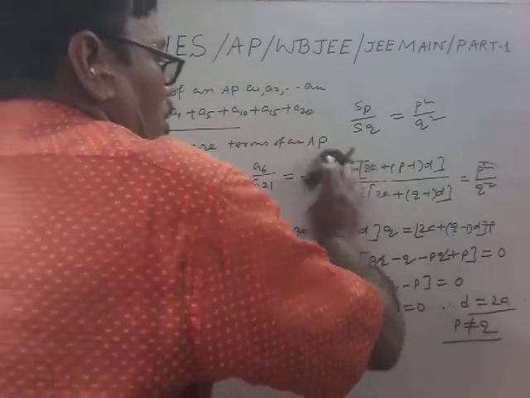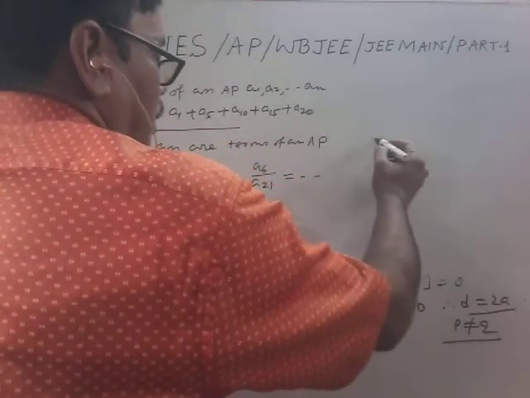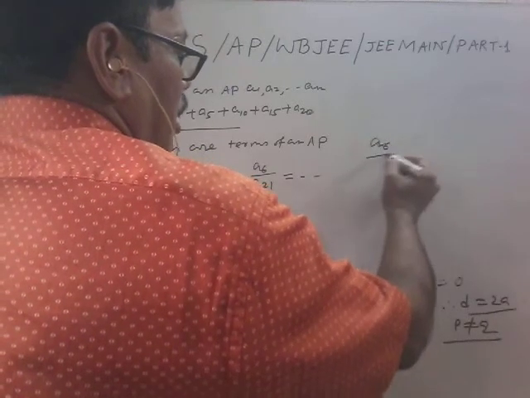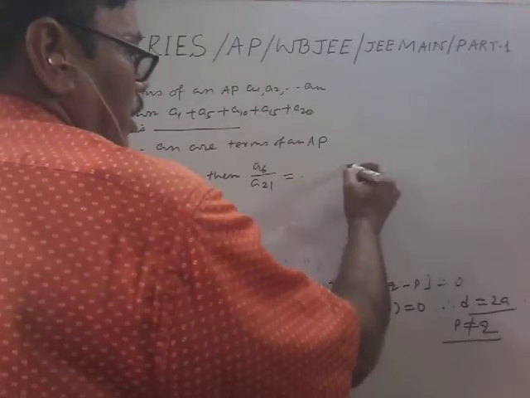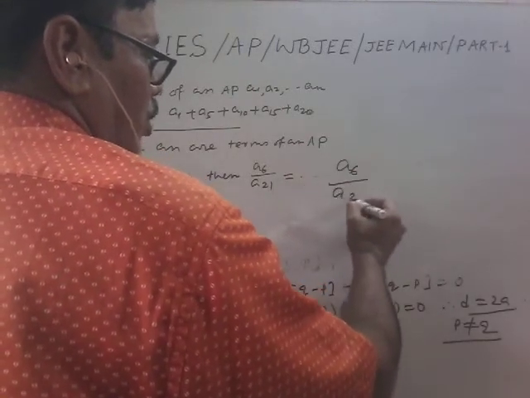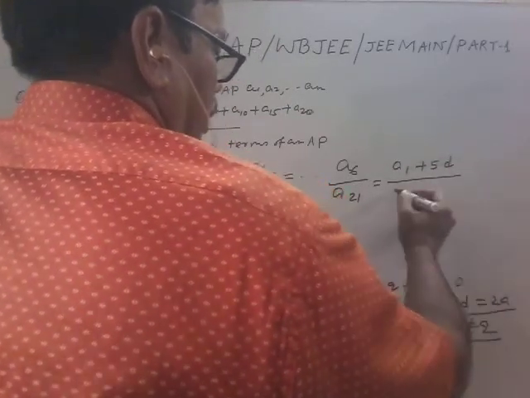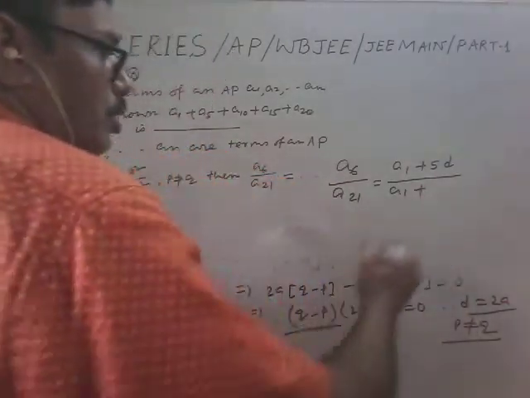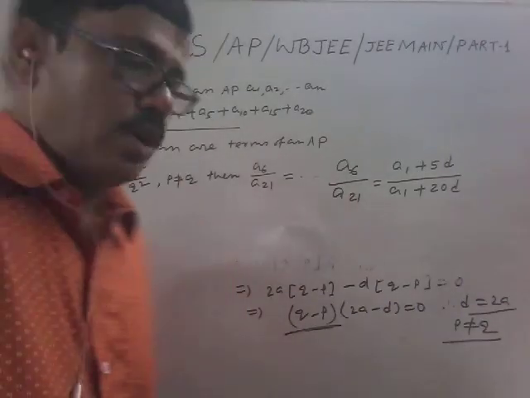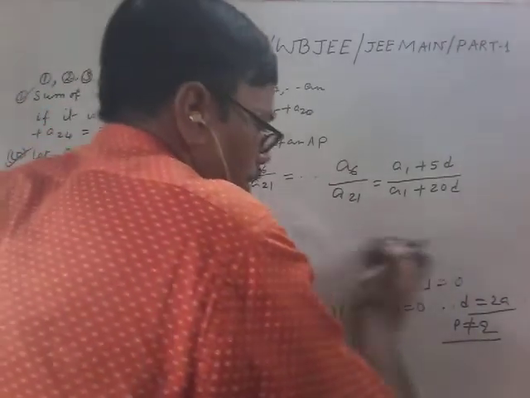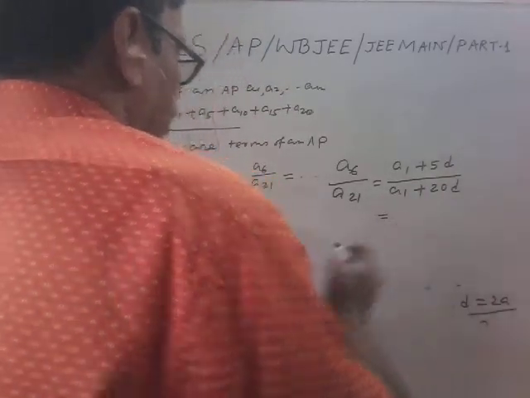Now, what you have to find? We have to find A6 by A21. So this is A1 plus 5D, this is A1 plus 20D. Now we put the given condition: D equals 2a.